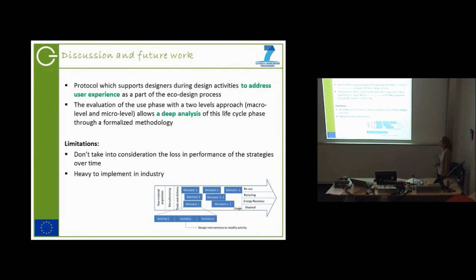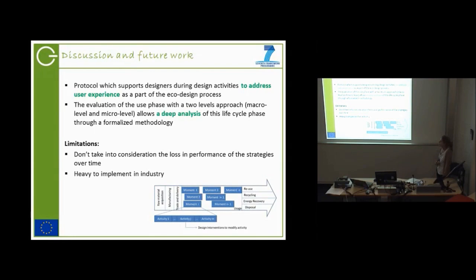In this protocol, we are combining two approaches, the macro level analysis and the micro level analysis of the use phase, through a formalized methodology, because there is no really formalized methodology linked with the design for sustainable behavior research field for the moment.